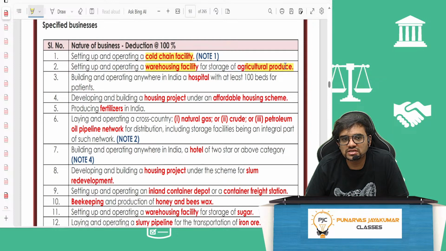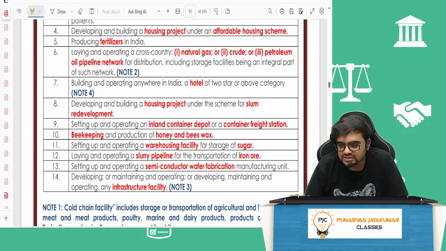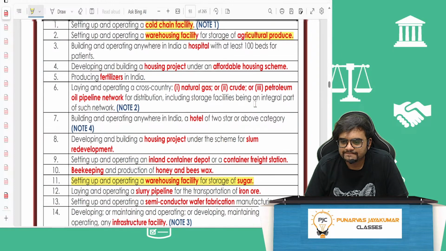Sugarcane is agricultural produce, sugar is a byproduct. So many courts said if you are in the sugar industry, you will not get any deduction under 35AD. They went and cried. So after that, one thing was inserted here: setting up and operating a warehouse facility for sugar separately. That is also specified business.